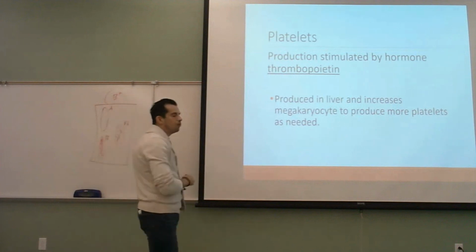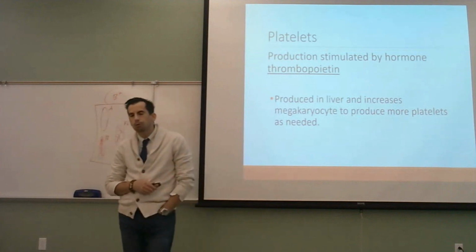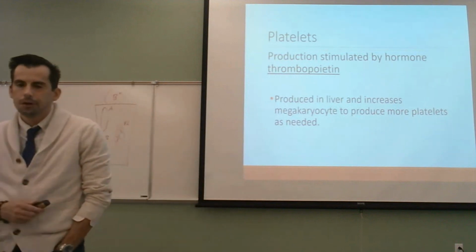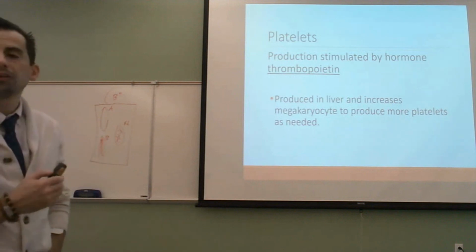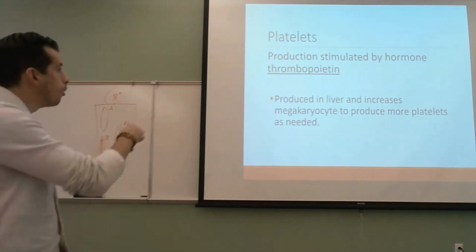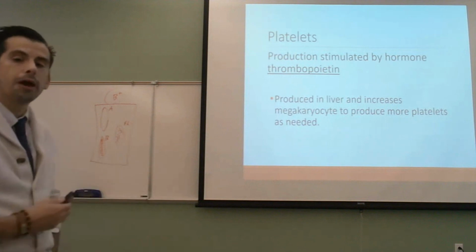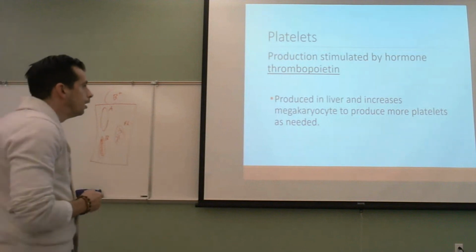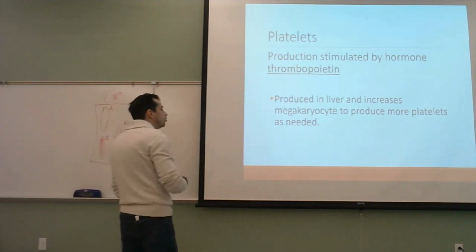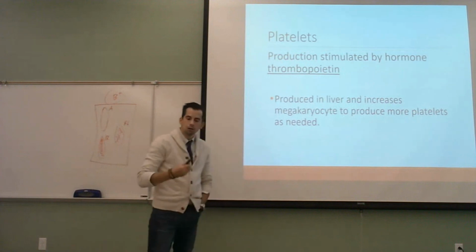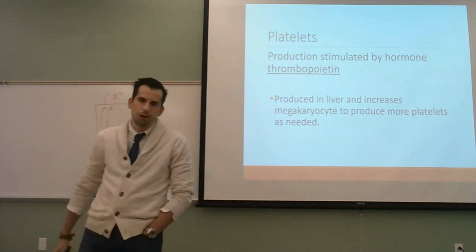We see synthesis of platelets increase with the hormone thrombopoietin. In cases of vascular damage, this hormone will be released, platelet formation will step up its game, and we will set up that system on the right foot to repair damage in that blood vessel.